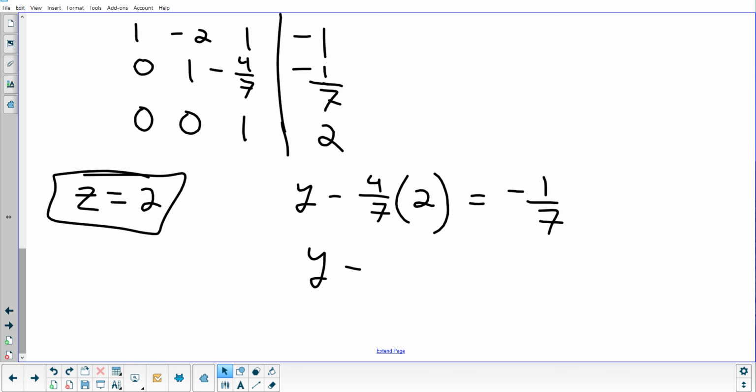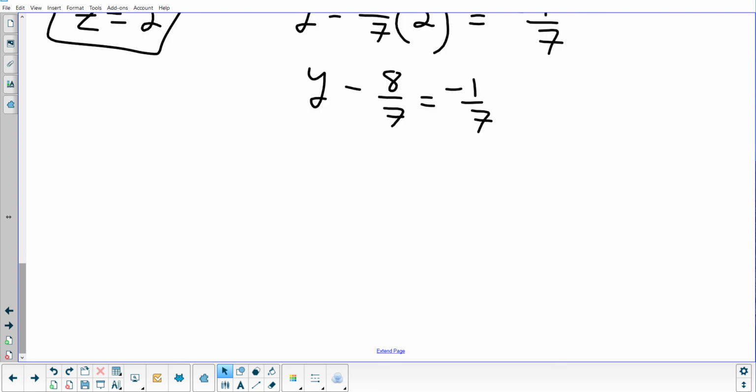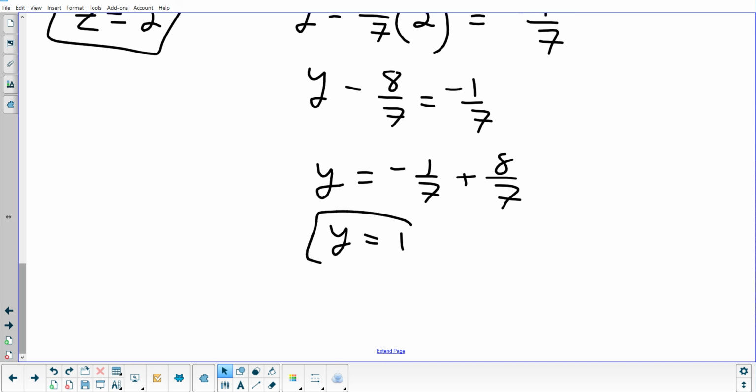What's 4 sevenths times 2? 8 sevenths. And then I'm going to add 8 sevenths to the other side. Negative 1 seventh plus 8 sevenths. So what does that come out to? 1. So now we got y.